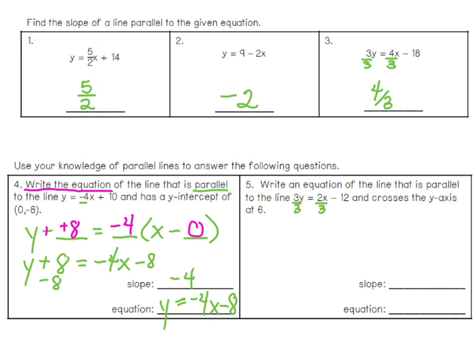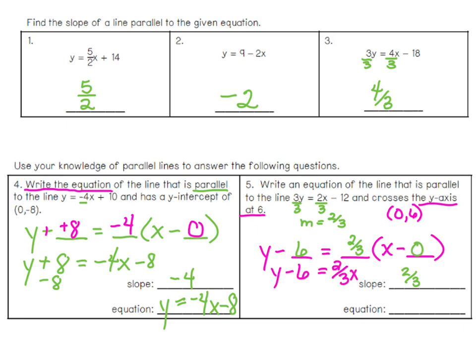Okay? So bring out your template and drop in your numbers. Now this says it crosses the y-axis at 6. So that goes through 0, 6. Okay, so there you go. And then just pull your 6 over to the right.